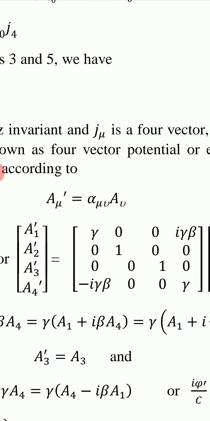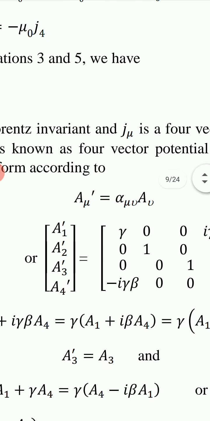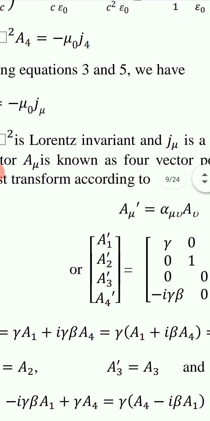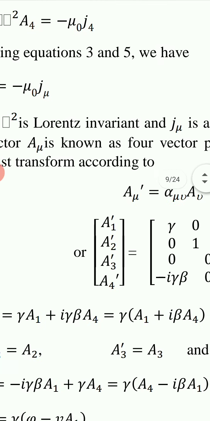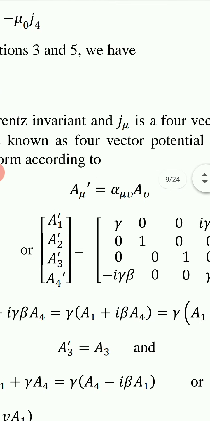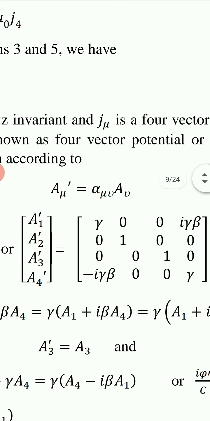From this matrix equation we can find 4 equations. First equation is A1 dash equal to gamma A1 plus I gamma beta A4. Gamma is taken common, so it becomes gamma times A1 plus I beta A4.